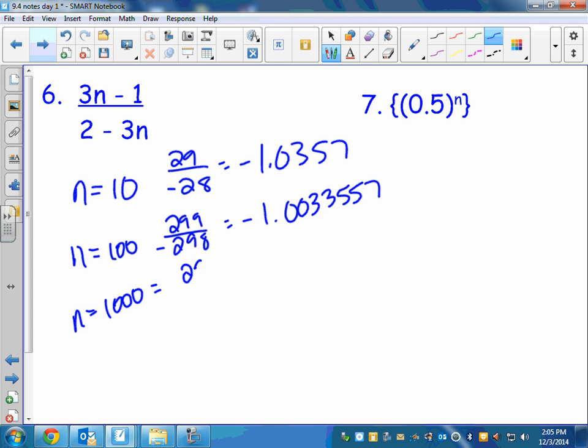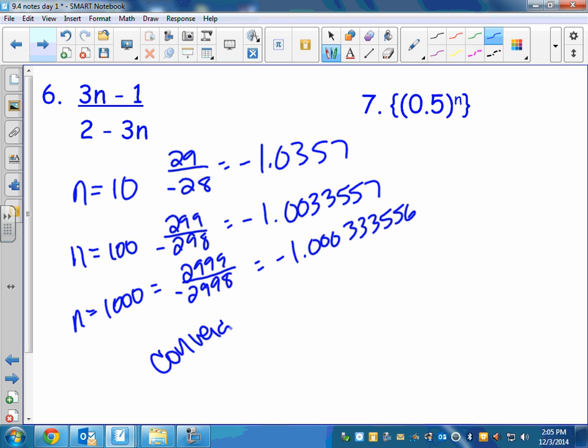I would get 2,999 over negative 2,998, which is negative 1.000333556. I think it's converging, right? Because I picked from 10 to 1,000, and it's still really, really close to what value? Negative 1. So we can say this converges to negative 1.